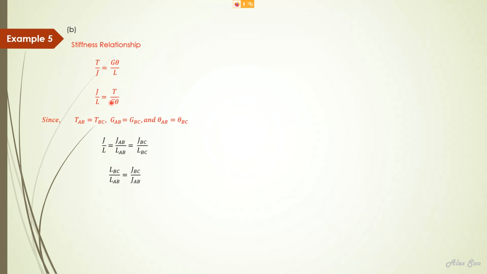In part B of the question, they say the angle of twist is the same, so the torque transmitted across AB and section BC has to be the same. So you can just strike off the T, the G, and the theta. So you get J over L ratio equals a constant. The constant can be section AB or section BC.